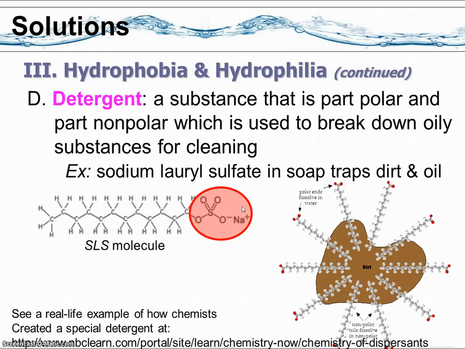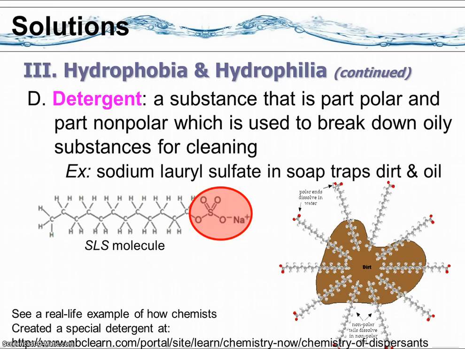So if you were to have a clump of dirt, when you wash your hands, for example, and you have dirt on your hands, these many sodium lauryl sulfate molecules are going to surround that clump of dirt. Dirt often has oil in it, and oil from your hands and oil from grease, and so the fatty acid non-polar tails of these molecules are going to be attracted to and are going to clump around little individual bits of dirt.